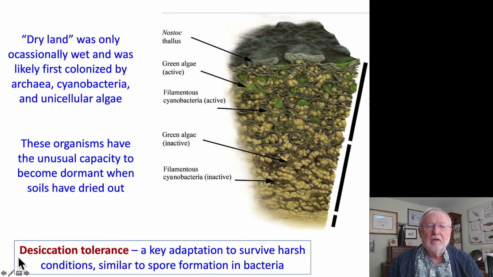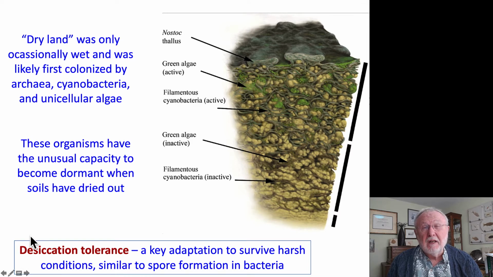They have what is called desiccation tolerance. This is the capacity to survive a dry period in an inactive state. And that must have been a key feature which allowed organisms to invade land, this capacity for desiccation tolerance.